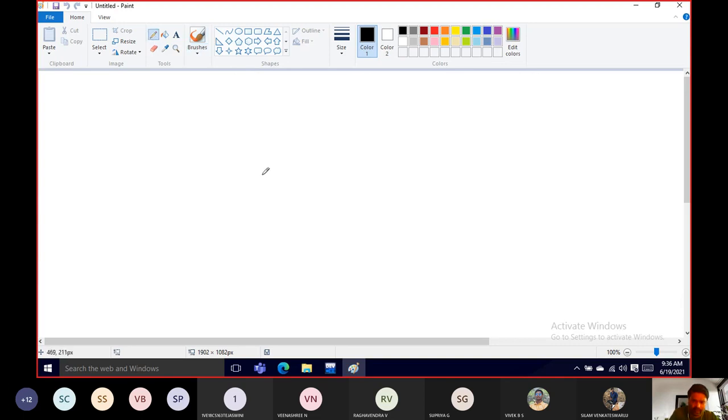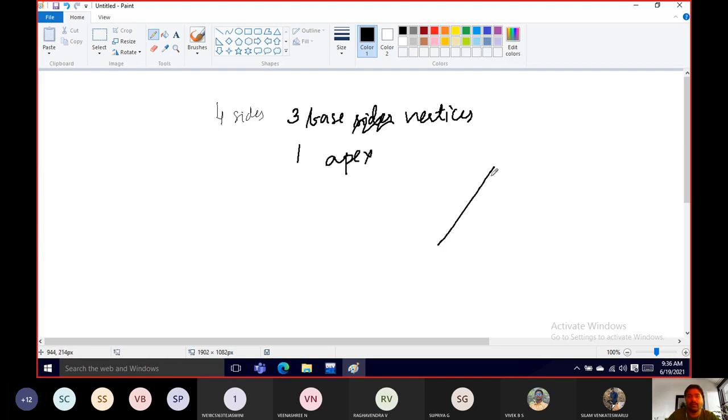A tetrahedron has 4 sides, and of these, 3 are base vertices, and the other one is the apex. So basically, a tetrahedron looks in this way.